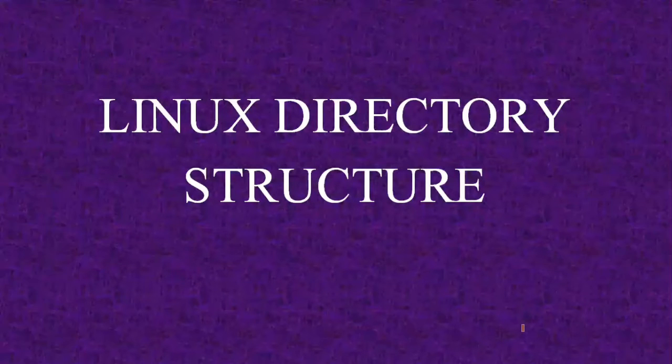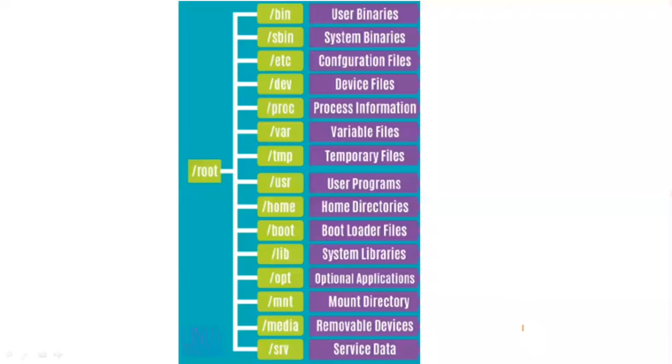The Linux directory structure. This directory structure includes bin, sbin, etc, dev, proc, var, tmp, usr, home, boot, lib, opt, mnt, media, and srv. So what are they?